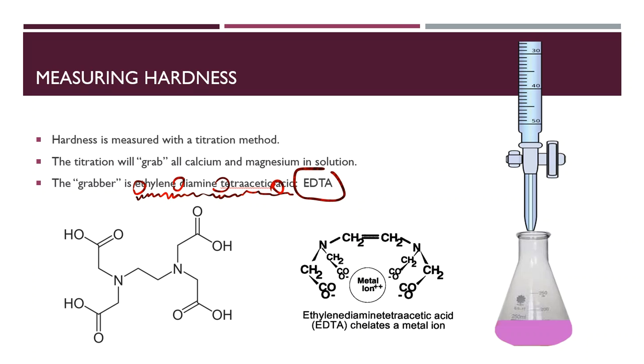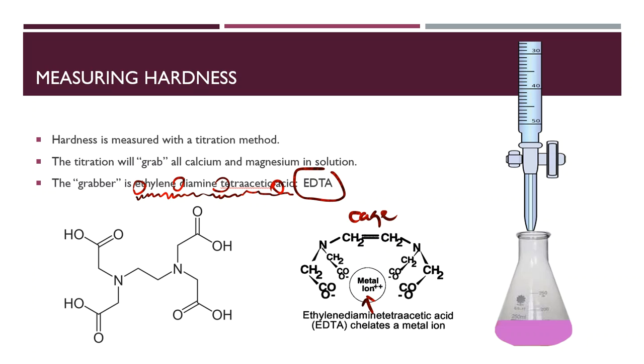EDTA, I want you to think of as having fingers. It's got 4 fingers, actually, and those 4 fingers can wrap around an ion. And when they wrap around an ion, it cages it. All right, so here is a cage, and on the inside of this cage is this poor little metal ion, and it can't get out until something frees it up. Well, this is the whole purpose of using EDTA.